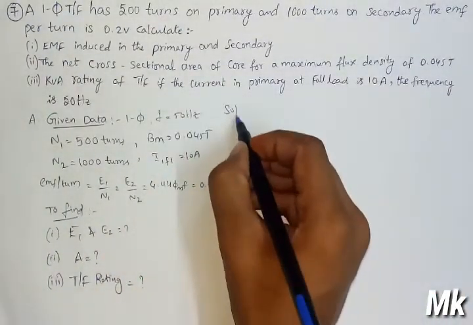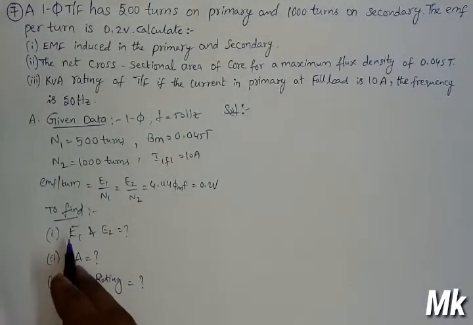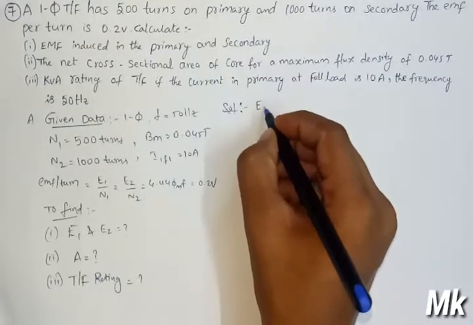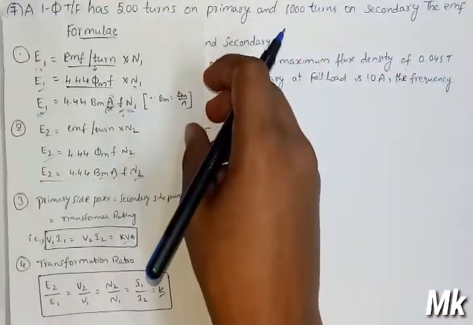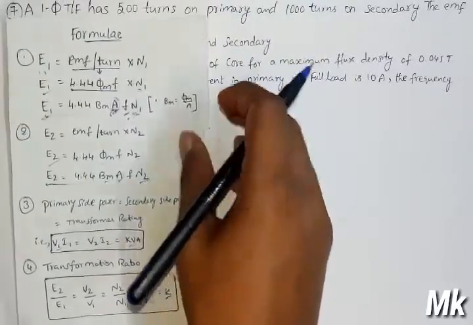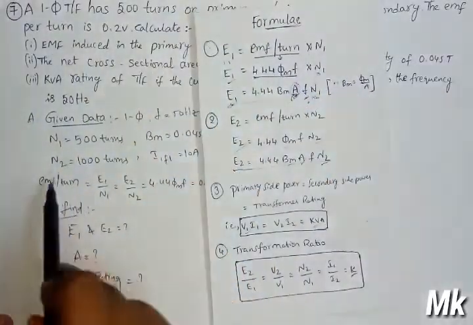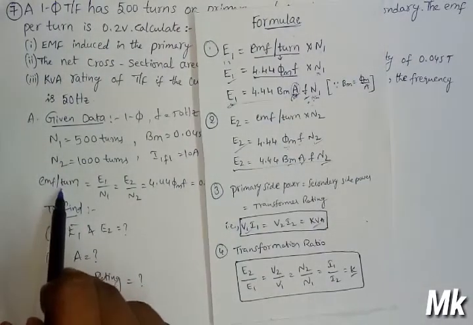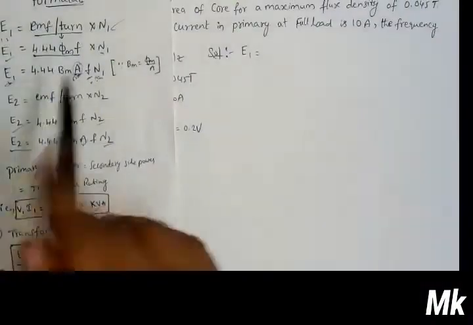And solution. We already know to find out E1 and E2, it means induced EMFs. See the formulas, these are the formulas. Memorize these formulas. To find E1, here N1 is there and EMF per turn also there. First formula is suited to find E1 here.